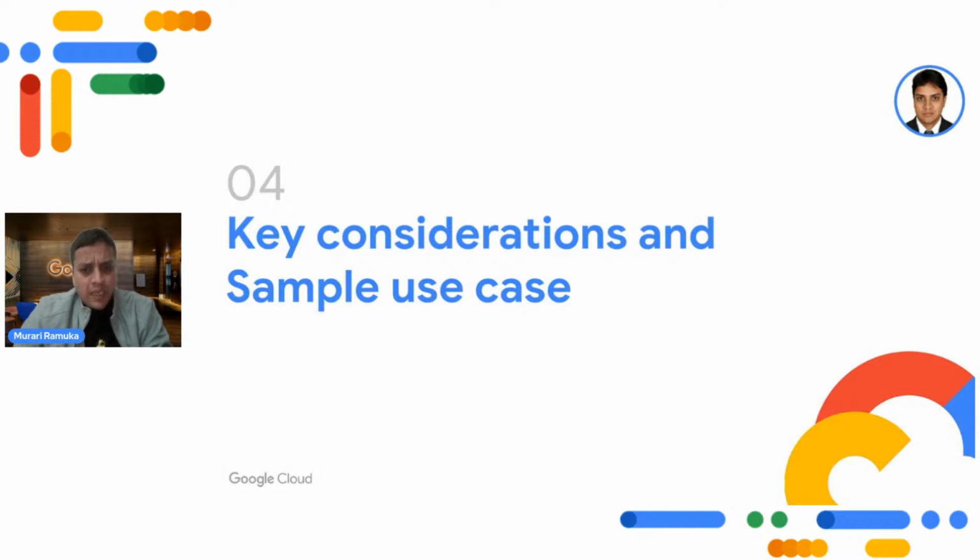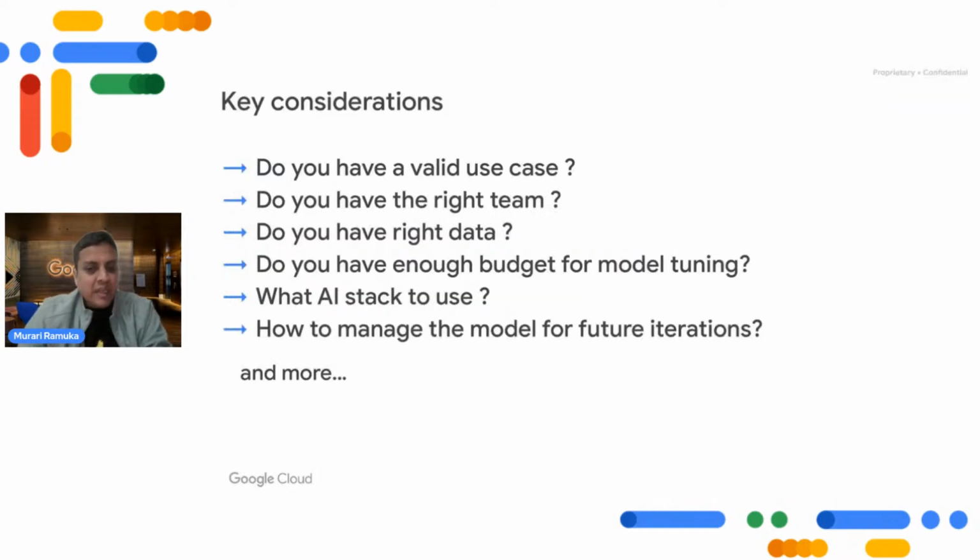Okay, coming to the last topic, which is the few key considerations when you go ahead and try to create an adaptation layer. These are very important considerations when you create the fine-tuned model or adapter model, and I think there are multiple techniques to do that. So first of all, it's very important to identify whether you have a valid use case or not.